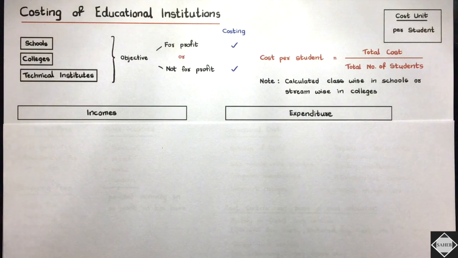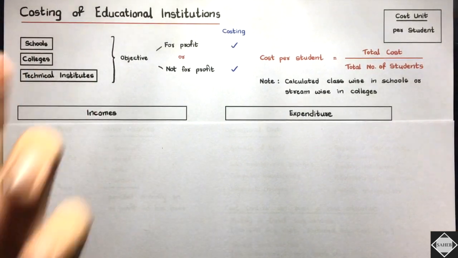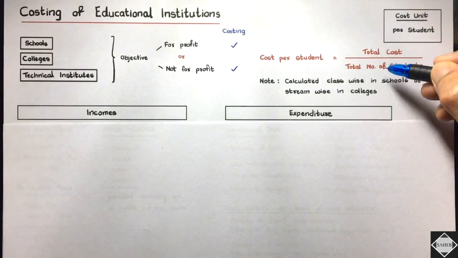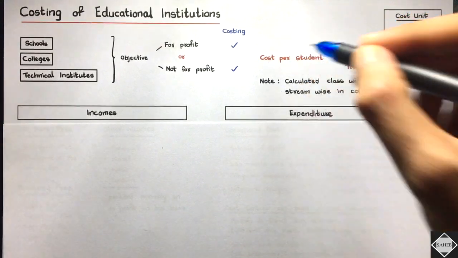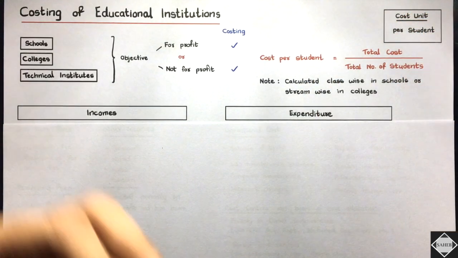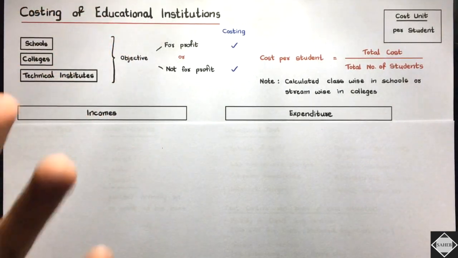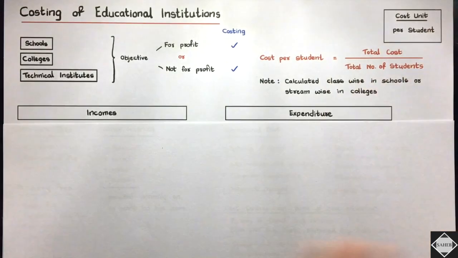So they will take the total cost of the civil department and the total number of civil students, and calculate the cost per civil student. Add the desired profit percentage, and they will get the fees for a civil student. Like this they will do it for each separate department, and each of those departments is a cost center. Is that clear? Pretty simple.